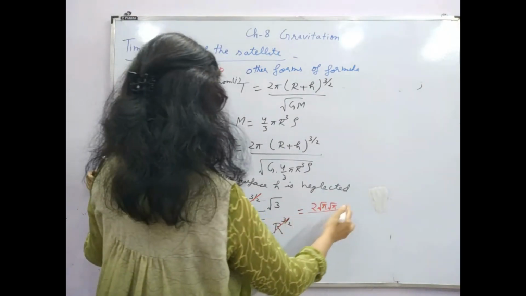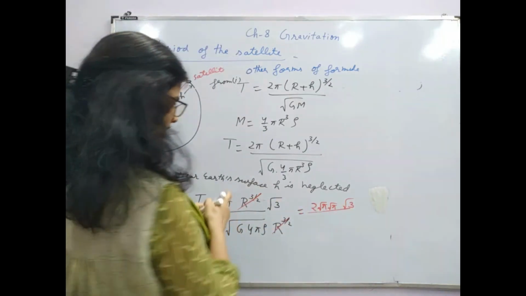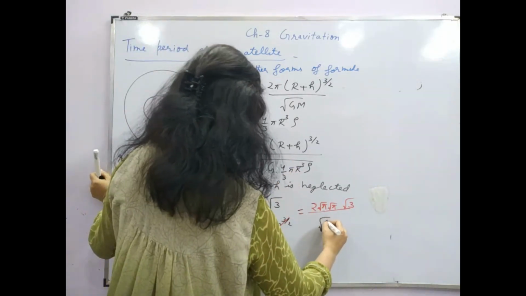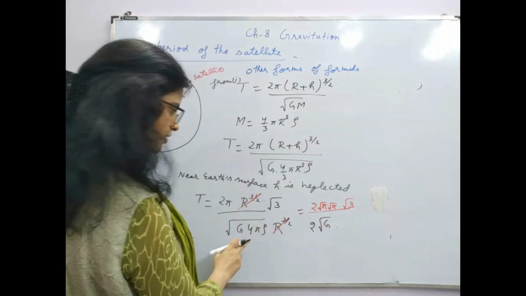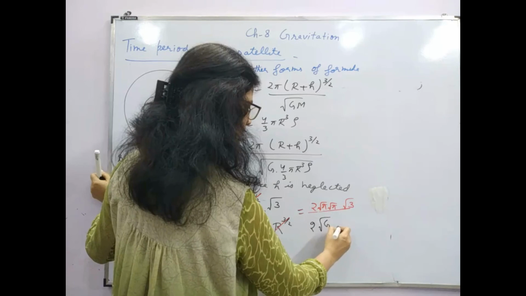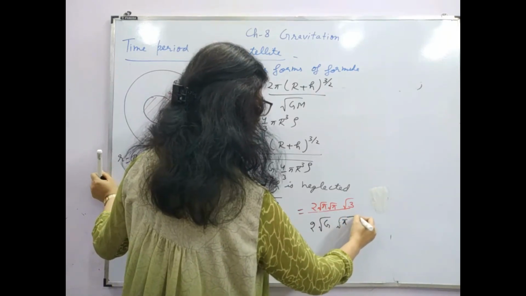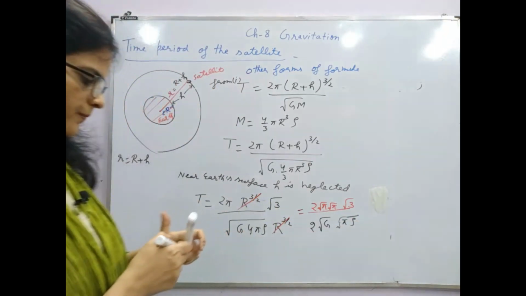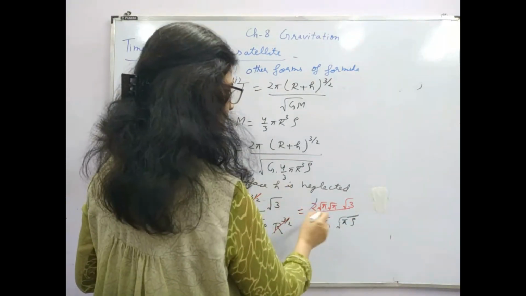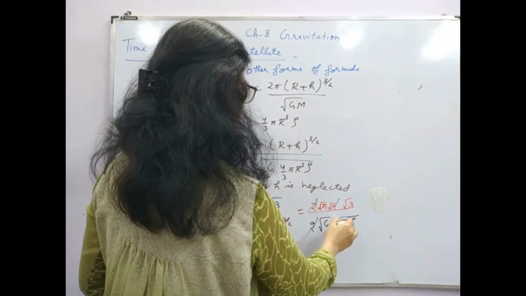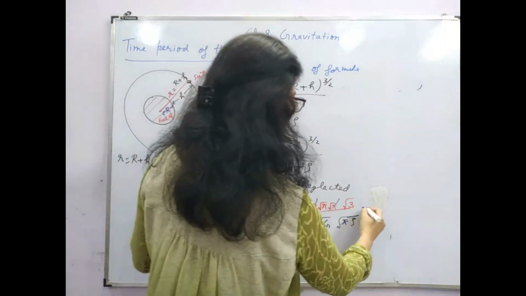So this is root 3 over here, and in the denominator this is root G. This 2 into 2 can be taken outside the root, and this is root pi here, and this is rho, which is also inside the root. So let's cancel out whatever is cancelled. What will remain?